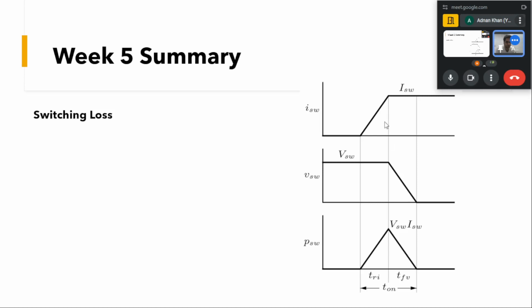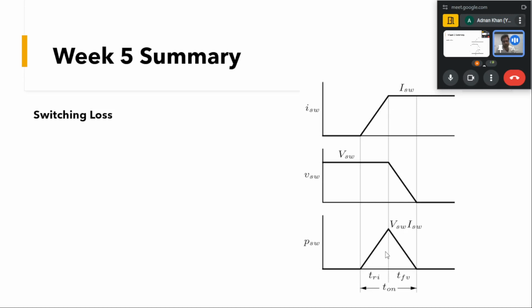In this interval there is an overlap between the voltage and the current during the turn on process, and there will be a loss associated with this, given by Vsw into Isw. That will come out as a triangular waveform, and the area under this curve will give us the average of the power that is being dissipated in this turn on time.